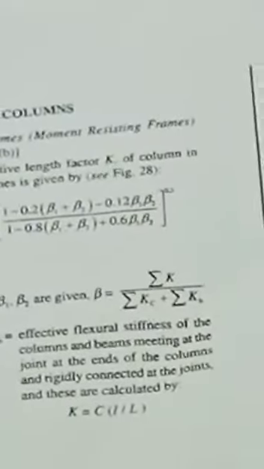Again, for sway frames, that means unbraced frames, the formula is K = [(1 − 0.2(β1 + β2) − 0.12β1β2) / (1 − 0.8(β1 + β2) + 0.6β1β2)]. Here, beta 1 and beta 2 are given as beta equal to the sum of KC divided by the sum of KC plus KB, for whichever joints we are considering. It is available in the code book IS 800 2007, page number 122.